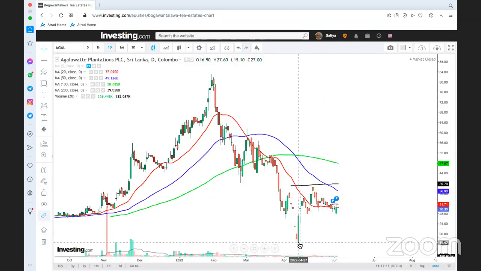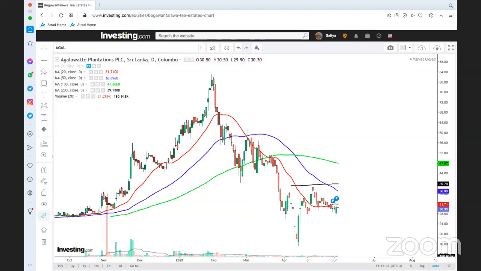At the same time, within a day, there is a long impulsive candle here, so we need to watch that. It doesn't fit into our category. So right now, after covering more than 10 counters, we still have only 2 counters, LIOC and Balangoda Plantations.